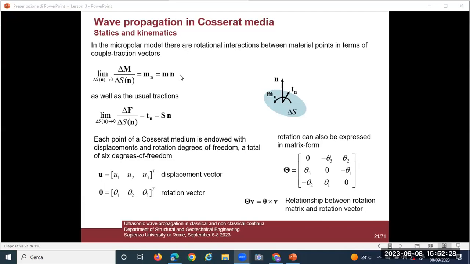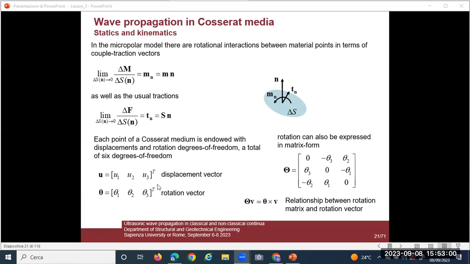Not only is this couple not zero, but also each point of a Cosserat continuum is endowed both with displacement and rotational degrees of freedom, so that in a three-dimensional continuum, to fully describe the configuration of a point, you've got to specify both its displacements and its rotation.